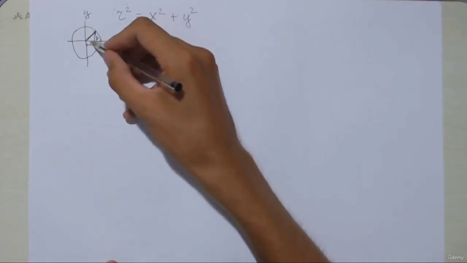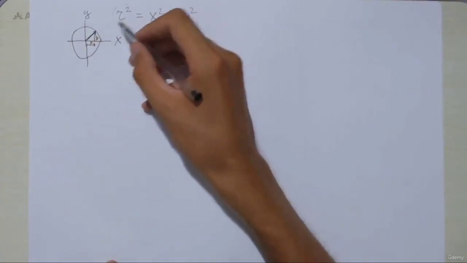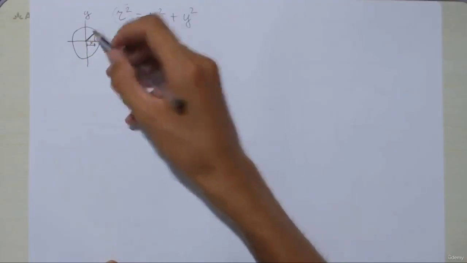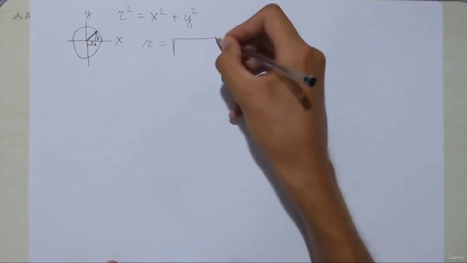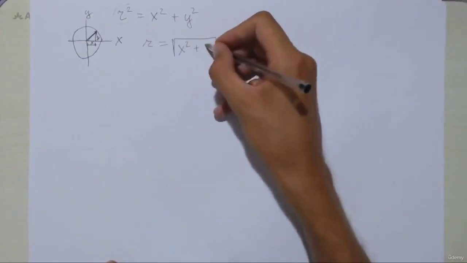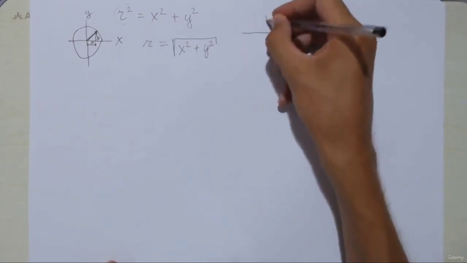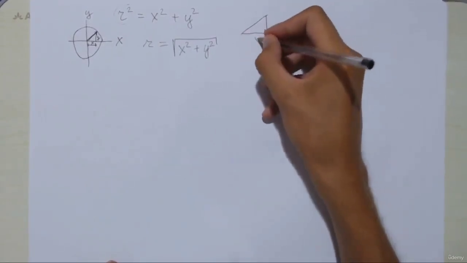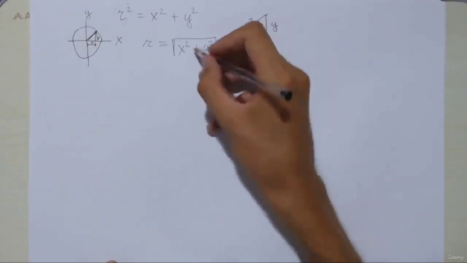You would take this x squared and add y squared, and then you would get this quantity squared. So radius would be the square root of x squared plus y squared. So that also came from the triangle, right? So you had x and y here, and that's how you would get r.